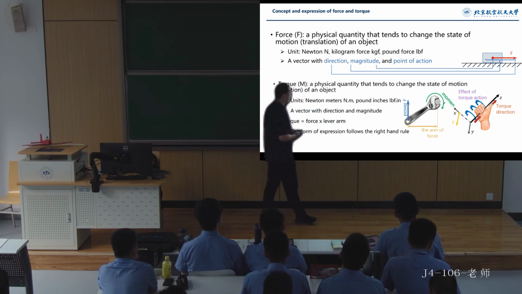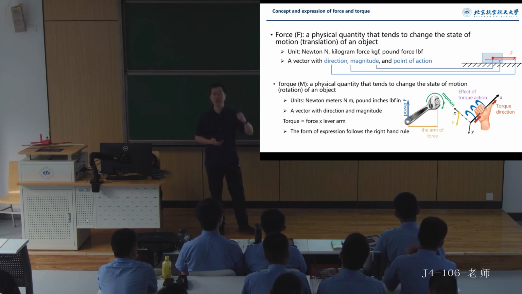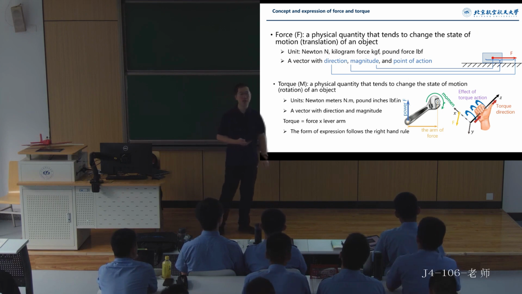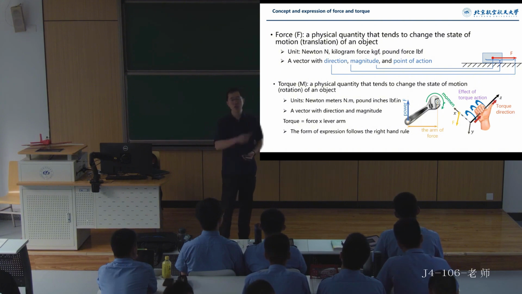This way of expressing it, like force, is also a vector. On one hand, it has magnitude, and on the other hand, it has direction. All right, at this point we might ask, how do we use a vector to represent it? How do we express its direction?